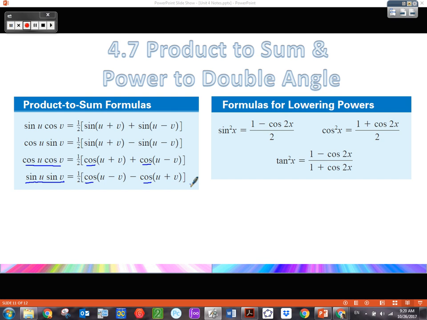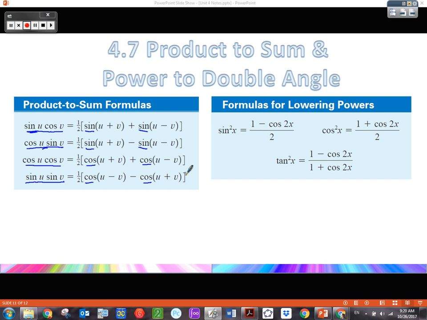Now, if it's mixed, notice how it matters which comes first, the sine or the cosine. It changes the formula depending on which one comes first. You can't just arbitrarily switch them and have it come out the same way. It won't. It's going to change the formula. On both of these mixed ones, notice there's just one trig function within the formula.